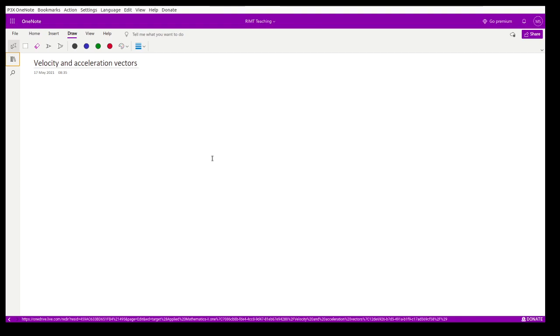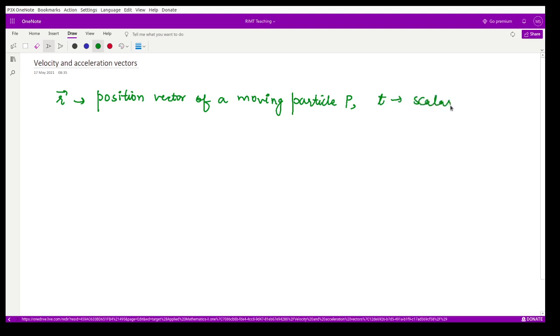If you have displacement defined like this, if the vector r represents the position vector of a moving particle p, and if t represents the scalar time, so it does not have any direction, in that case, the velocity is defined to be the vector v, which is equal to the first derivative of the position vector with respect to time. So this is the velocity.